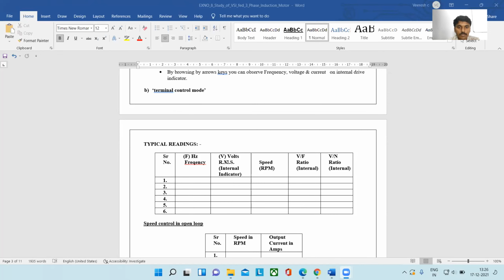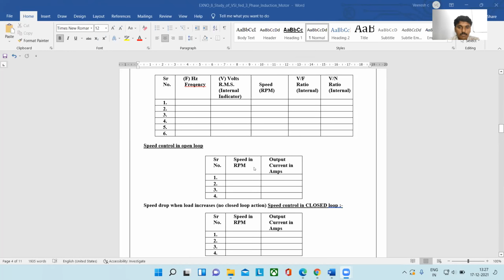Since we know the voltage and frequency, we can easily calculate the V by F value, voltage by frequency. Also we have to note down the speed using the tachometer. We can also easily find the ratio of voltage to speed, the V by N ratio. This is for open loop control, without any load connected.